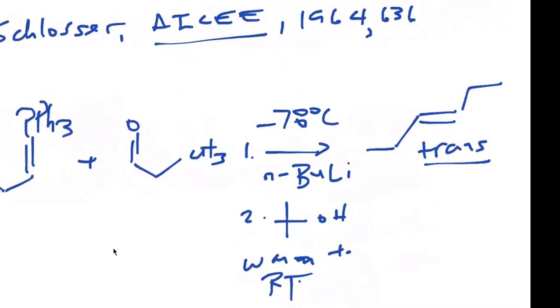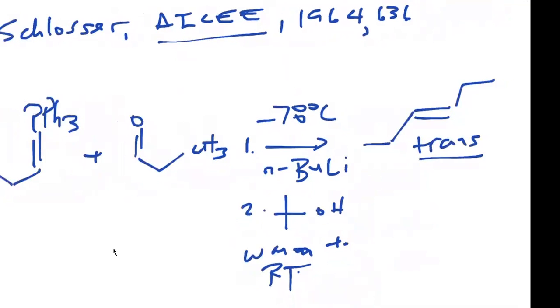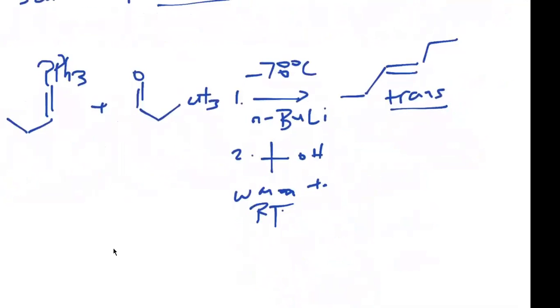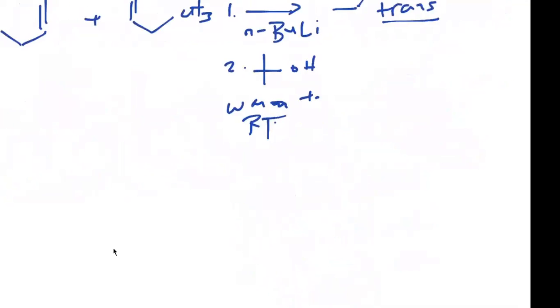But what happens is the actual oxyphosphatane. So once it cyclizes, that's where your rearrangement happens. So that's what the purpose of that base butyllithium is. So let me show you what happens.